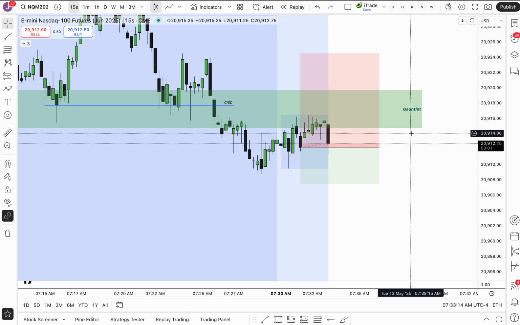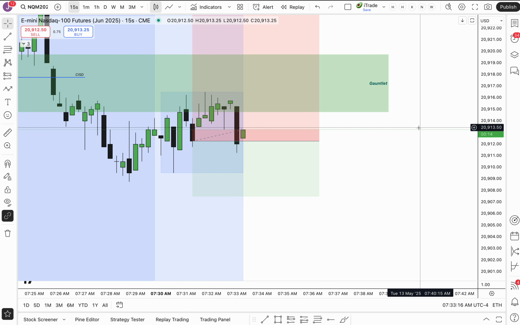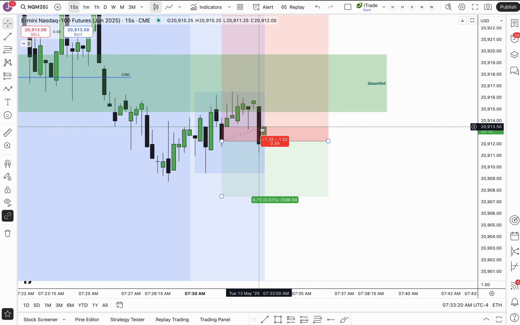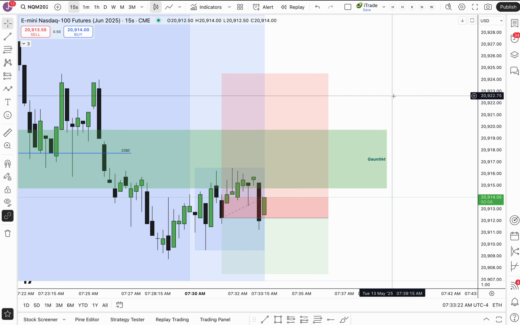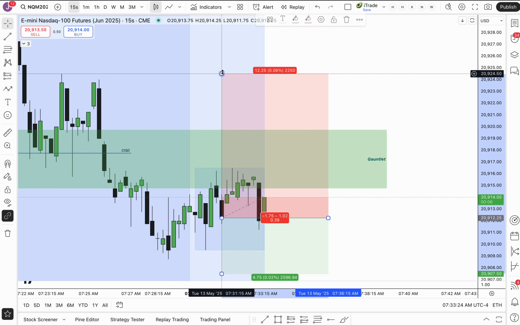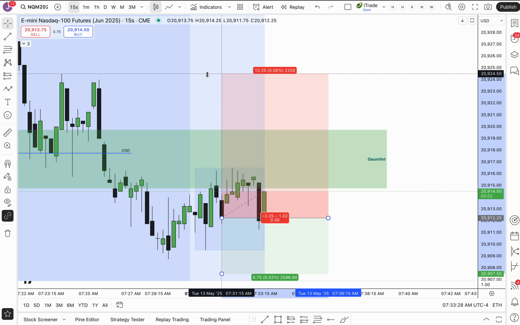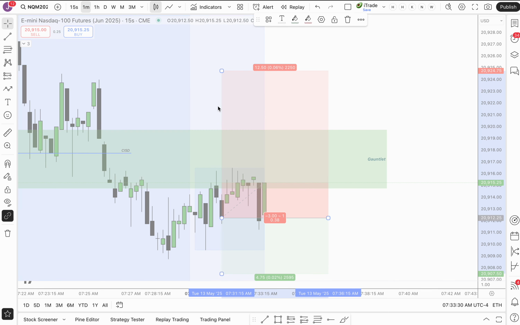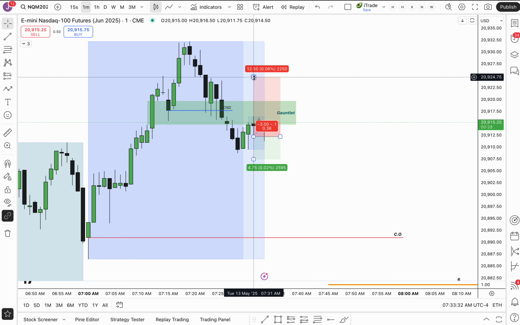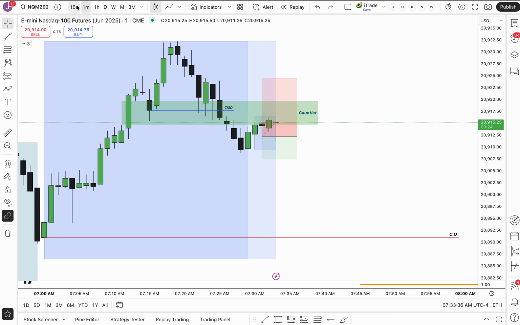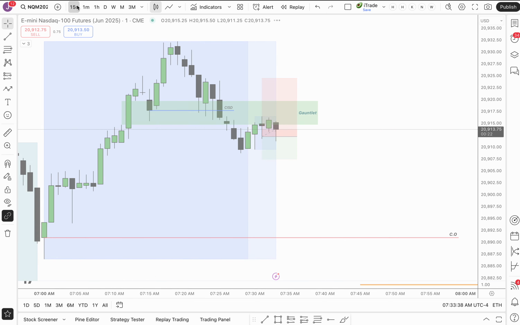That's a breaker there. So we close below, so I would be in. I'd be short right now. But I'm not gonna put a stop there, okay, because that could easily get wicked out. I'm gonna put the stop above the balanced price range on the higher time frame and just let it play out.